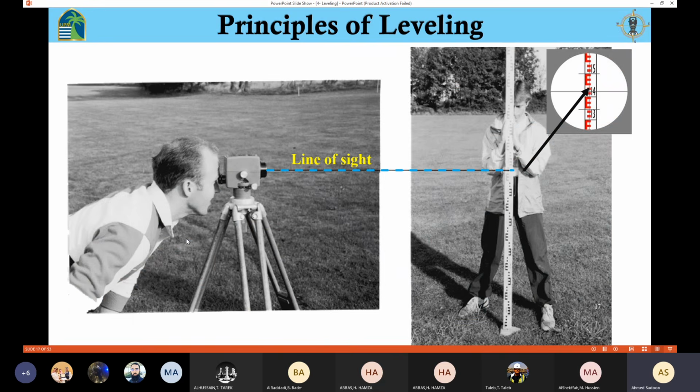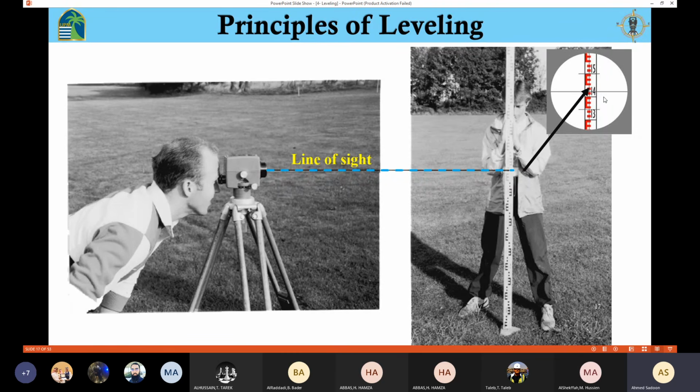So in order to do leveling, I need to have the level instrument. I need to have the tripod, and also I need to have the staff. And sometimes we are going to attach it with the plate so that the staff is not going to tilt. Then the person here, we said the level instrument is a telescope, right? So this one is going to magnify the reading here. On this device, you are going to see the crosshair.